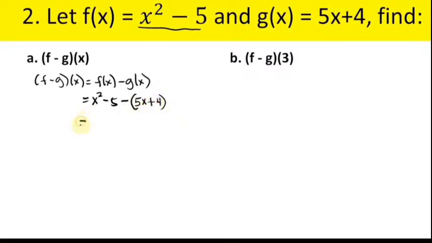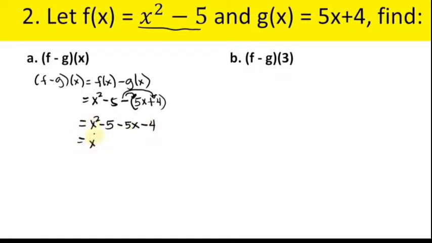Then simplify. Copy the first expression, x squared minus 5. Then distribute each term: negative times 5x is negative 5x. Then negative times positive 4 becomes negative 4.